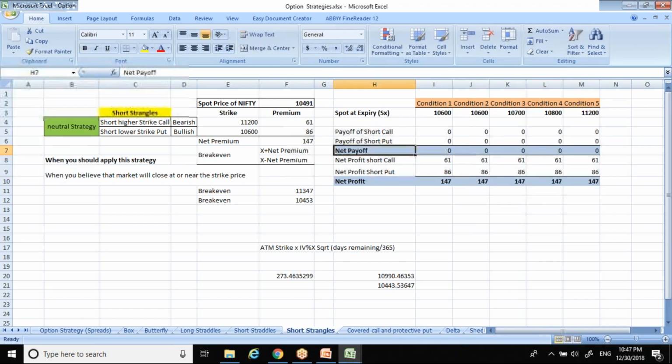If the market remains in this range, whatever it is, like 10,900, 11,000 or 11,100, doesn't matter, I'll have a guaranteed profit of 147, the premium I received.